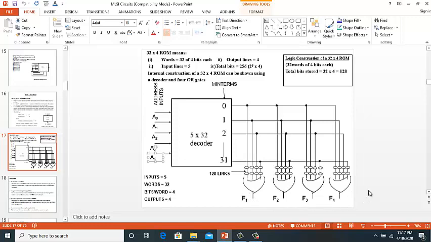That is, each word is made up of 4 bits. Now when we want to implement some combinational circuits or Boolean functions with the help of ROM, then we select a particular ROM and then we fuse the links which are between the outputs of the decoder and input of the OR gates.